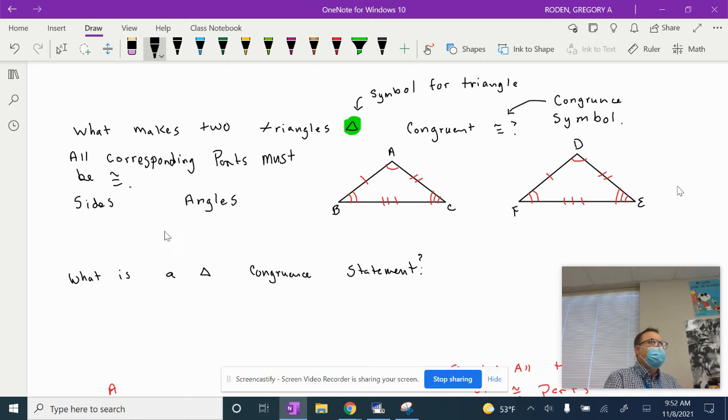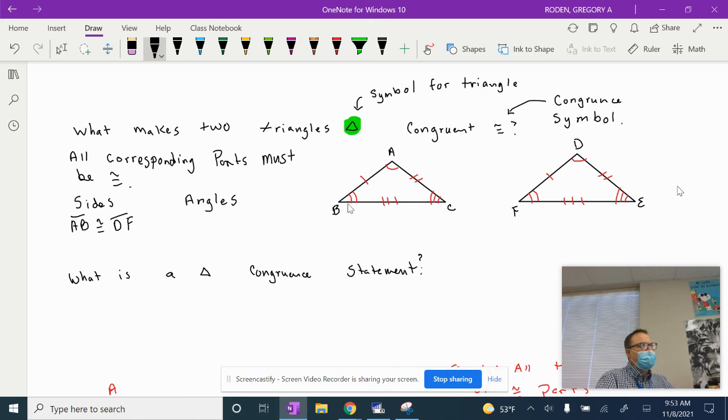Now, if we look at side AB, if we're looking at the picture, what side is congruent to side AB, guys? DF. So we can see because the picture is telling us AB is congruent to DF. There's two ways to see it.